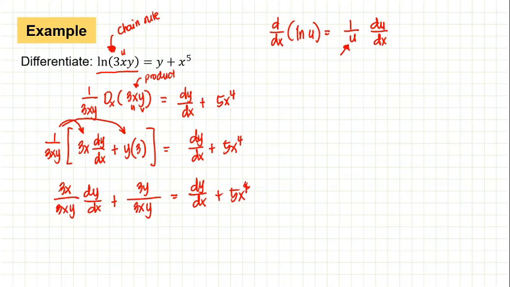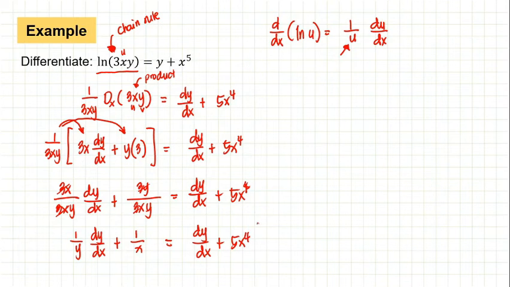3x, 3x, so that cancels. So what's left is 1 over y dy over dx plus, 3y cancels, so 1 over x is what's left, equal to dy over dx plus 5x to the power of 4. Then after that, group together all the terms with dy over dx.